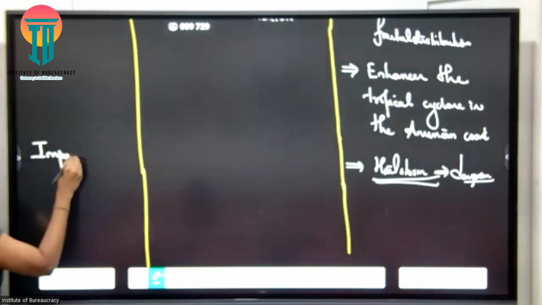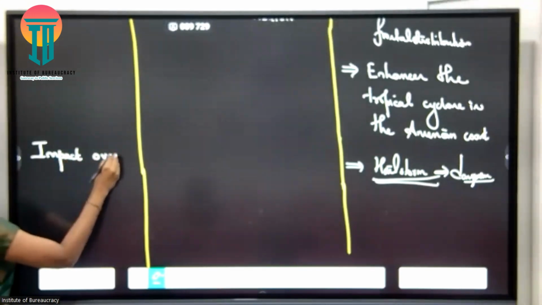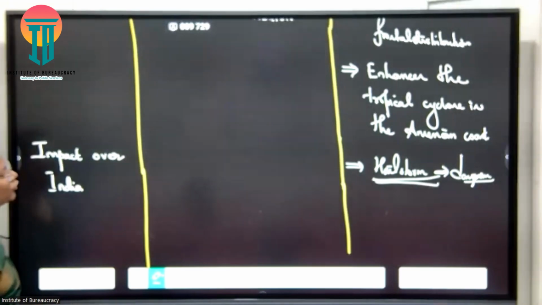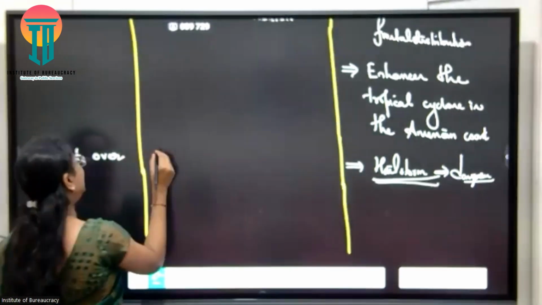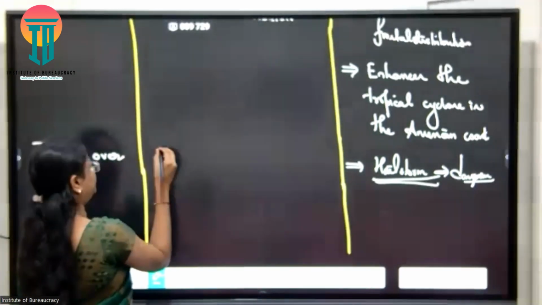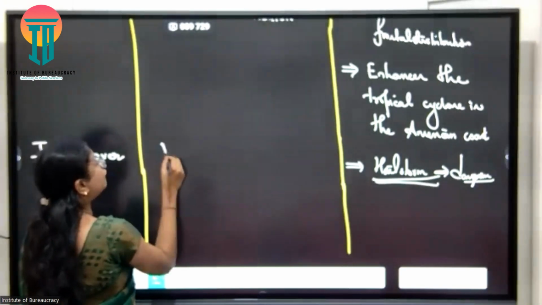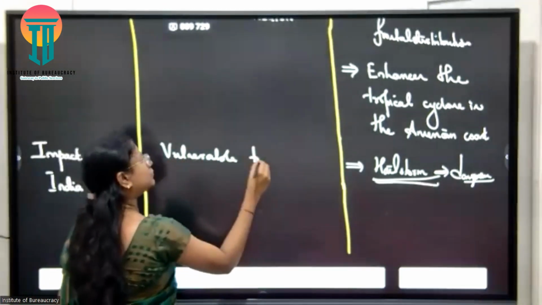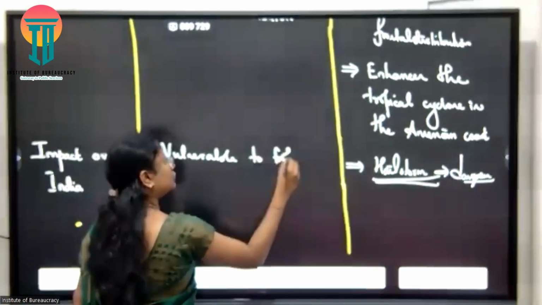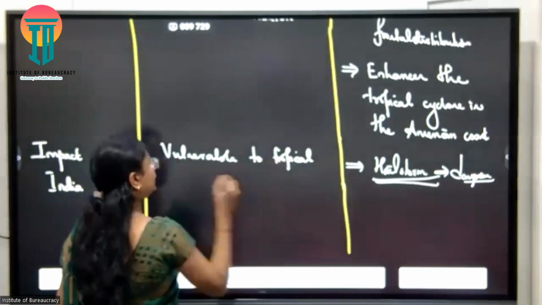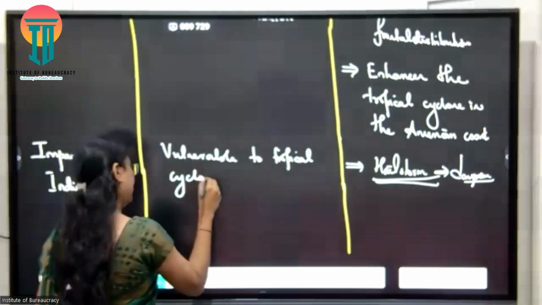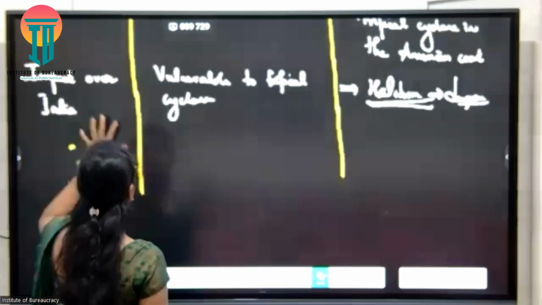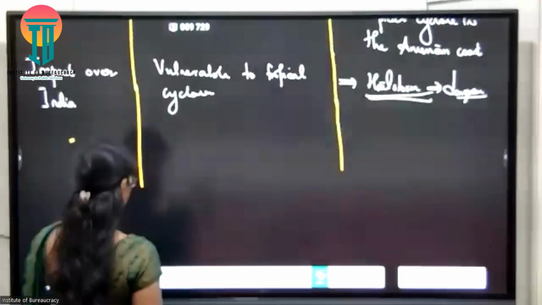Impact over India. Being a tropical country, most of my coastal regions are vulnerable to tropical cyclones, especially the eastern coasts of India.